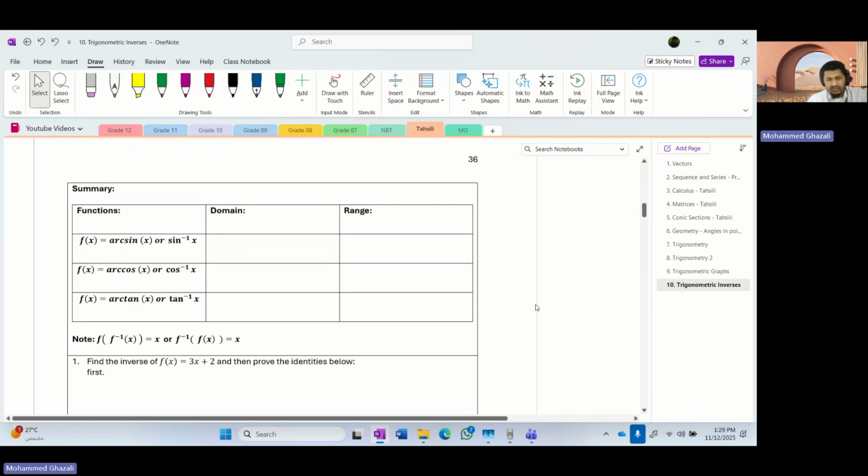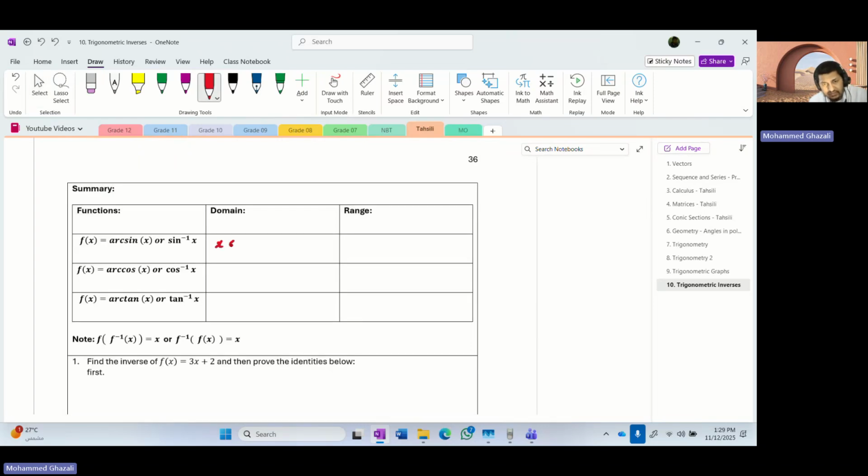So the domain is x is an element of negative 1 to 1, and y is an element from 0 to pi. For arctan, x is an element of real numbers and y is an element from minus pi by 2 to pi by 2.